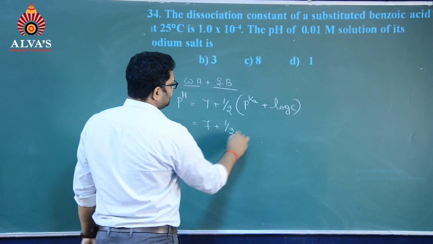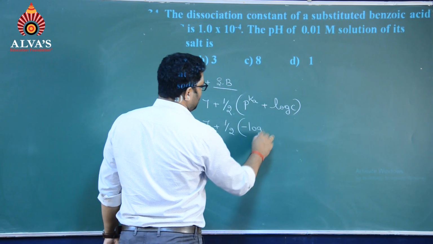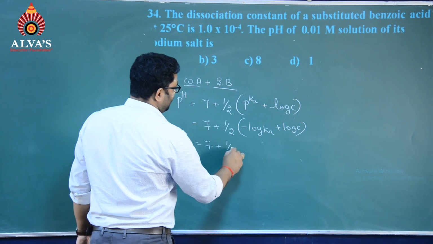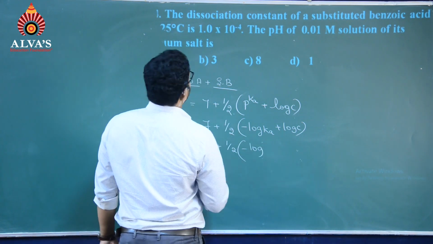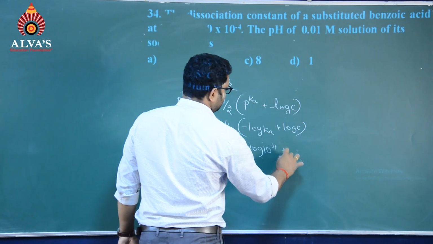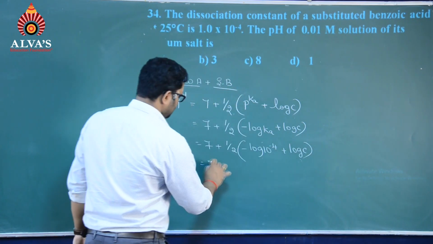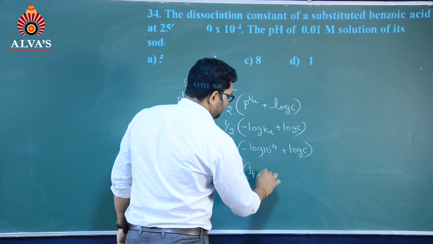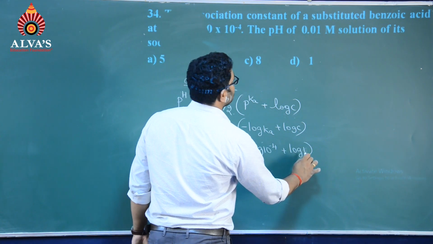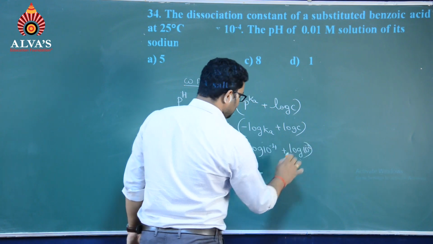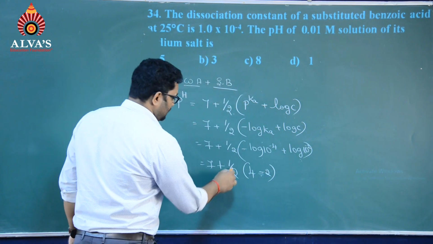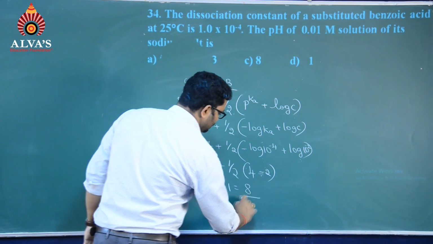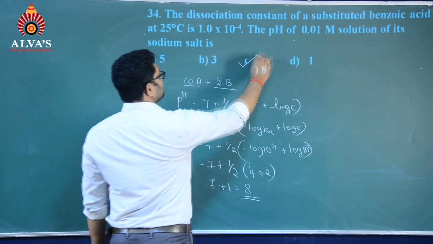So 7 plus half, where pKa is nothing but minus log Ka, plus log C. Minus log Ka is nothing but 4, since Ka is 10 to the power minus 4, plus log C. C is 0.01, which means 10 to the power minus 2, so the log value is minus 2. Therefore half into 2 is 1, and 7 plus 1, so the pH of the solution is 8. The answer is option C.